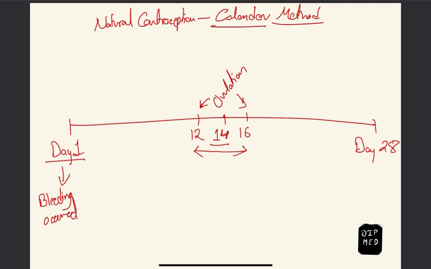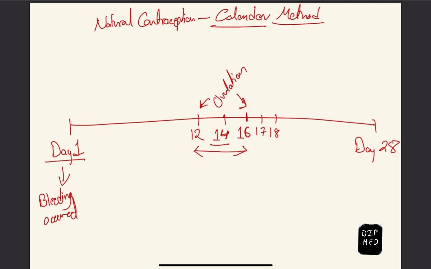But that's not all. Let's say the female ovulates on day 16. An egg is released at day 16, but the lifespan of this egg ranges from 12 hours to 24 hours. So this egg can survive up to 24 hours, that is up to day 17. Some textbooks also say it can survive up to 2 days or 48 hours, that is day 18.